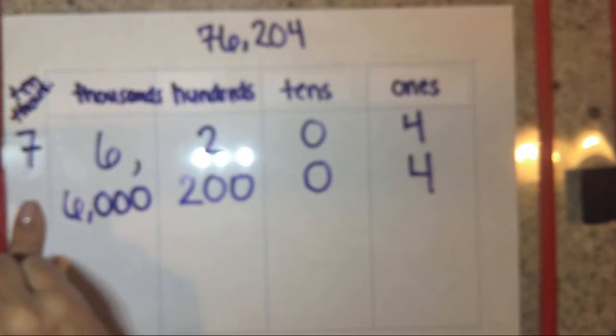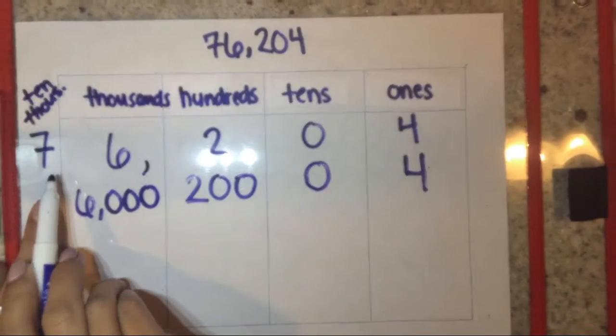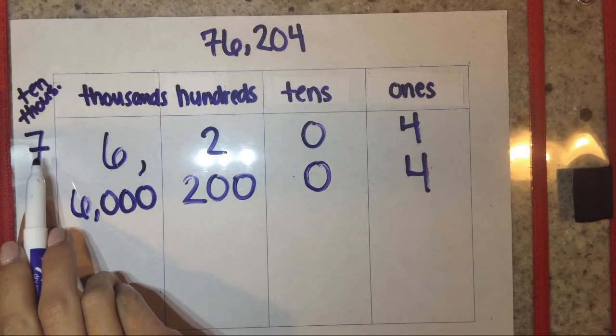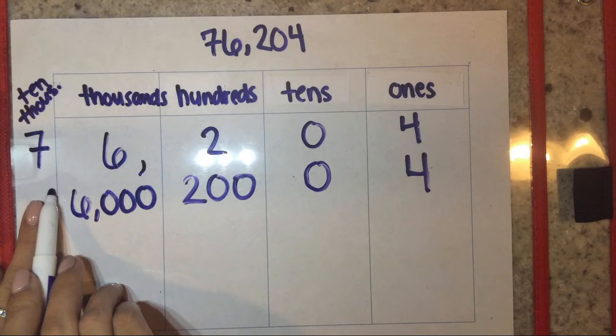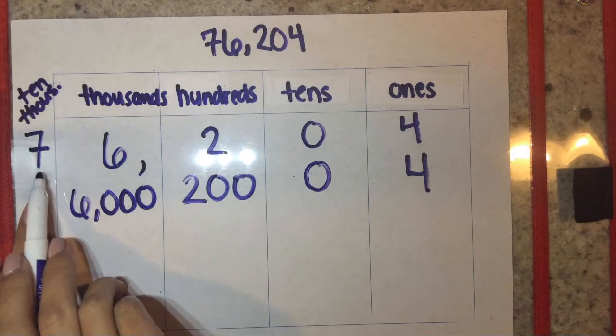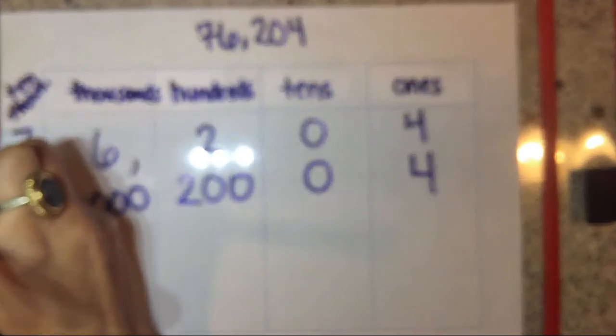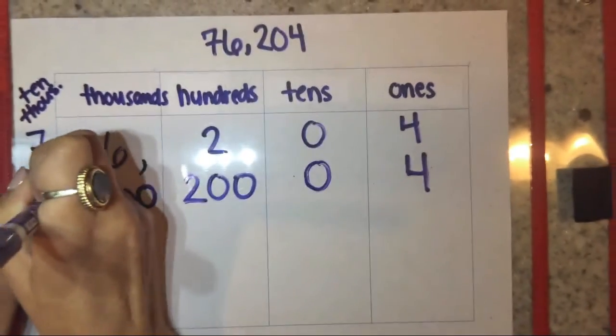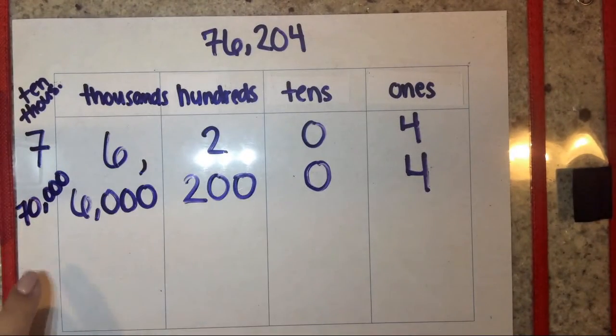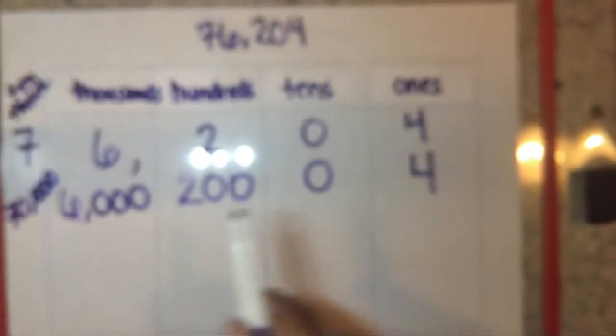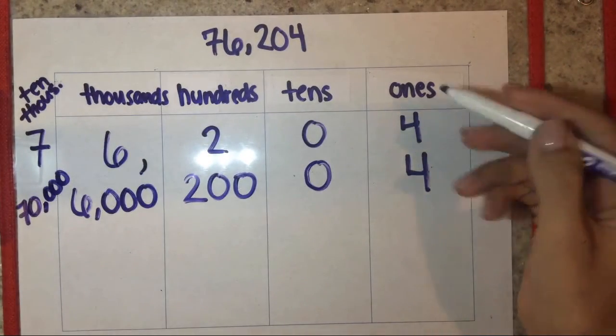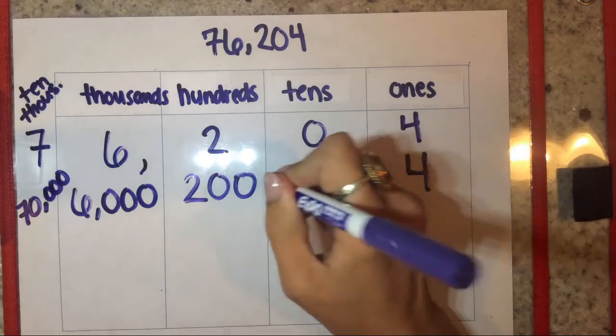What value does the 7 have in the 10,000s place? And I understand it sounds redundant saying it again and again for every single place value, but it's incredibly helpful to get it into our scholars' brains.